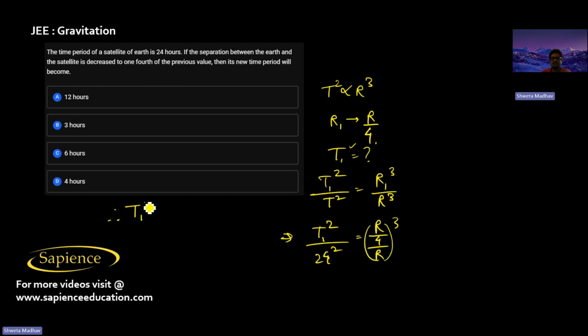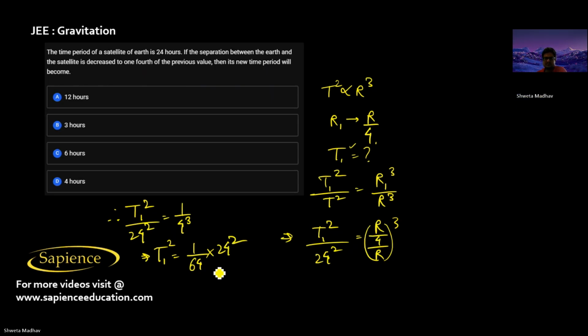It means T1 square by 24 square is equal to 1 by 4 cube, which is 1 by 64.